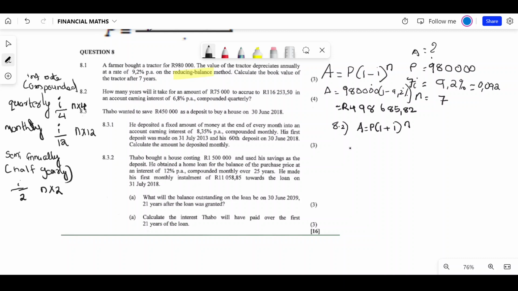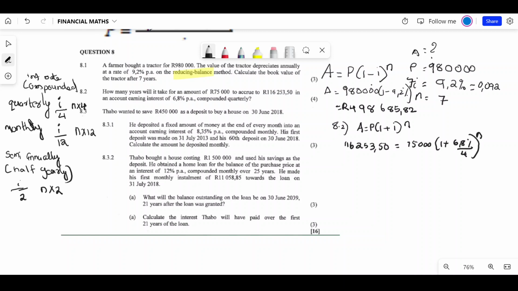So A is the future amount in the compound interest formula, which is 116,253.50, equal to 75,000 times (1 plus the interest rate, 6.8% compounded quarterly) to the power n.